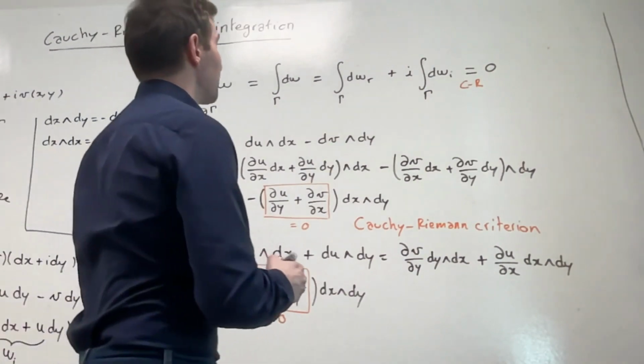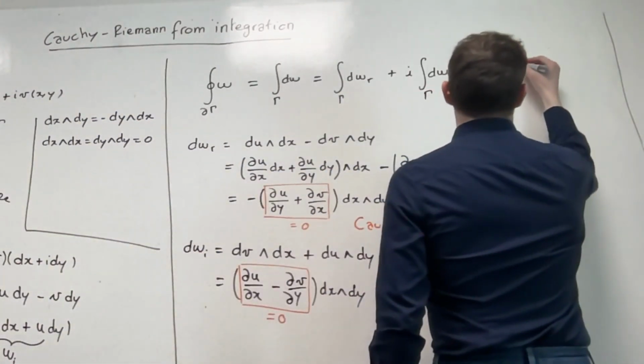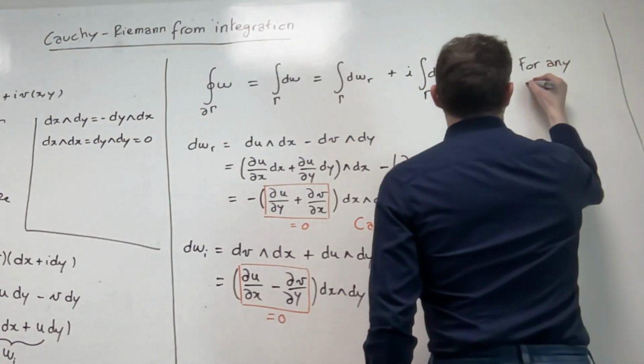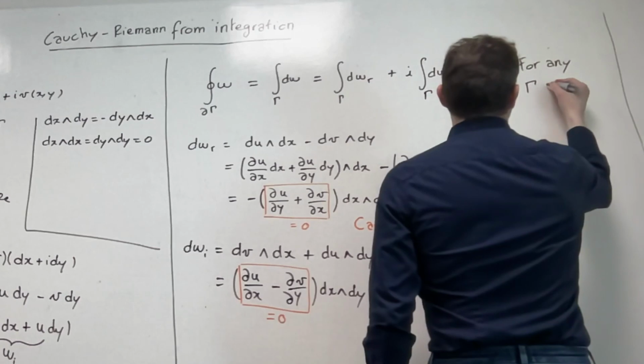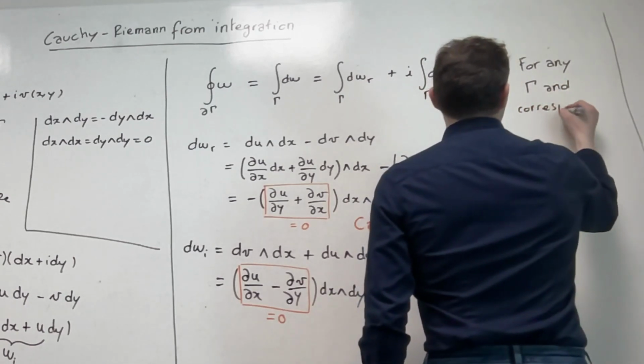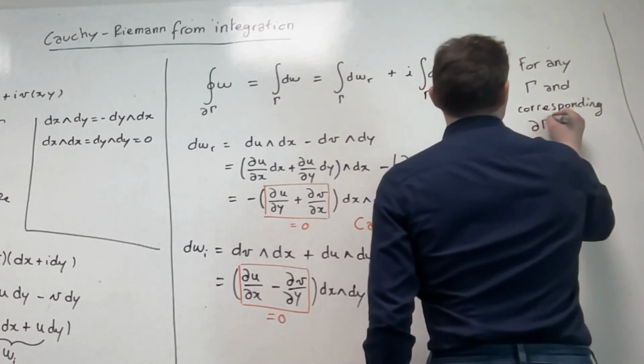And what is fascinating is that this is for any domain gamma and corresponding border, let's say d gamma.